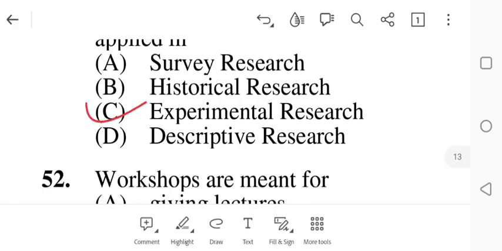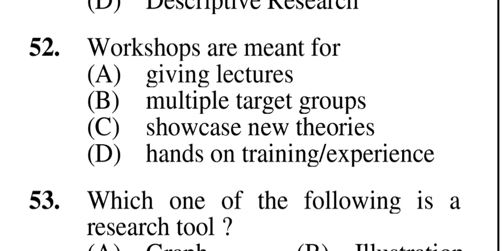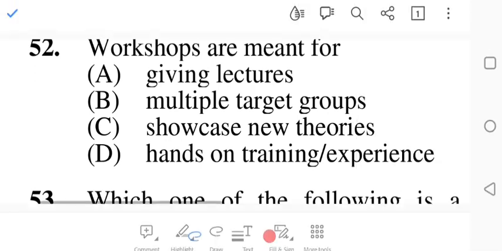Experimental research. Number 52, it says workshops are meant for what? Giving lectures, multiple target groups, showcase new theories, hands-on training and experience. 52, it will be D, hands-on training and experience.